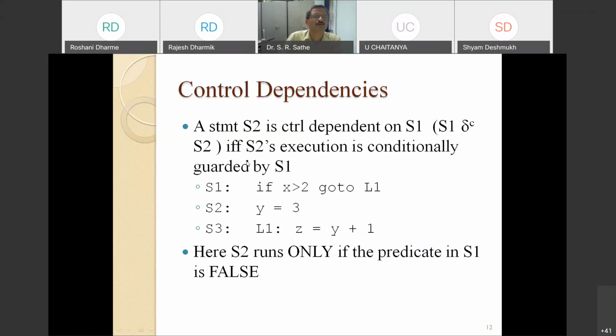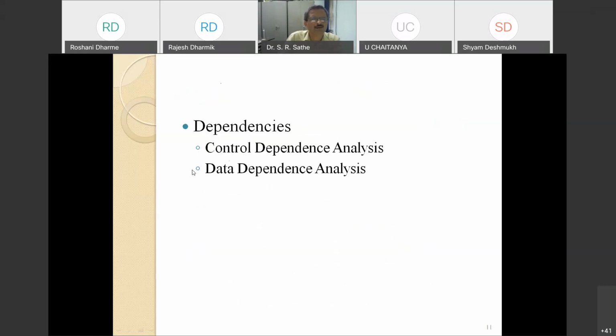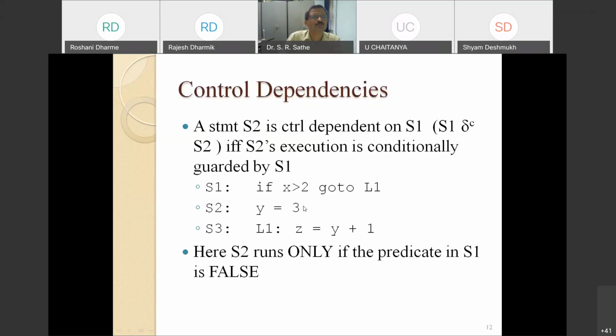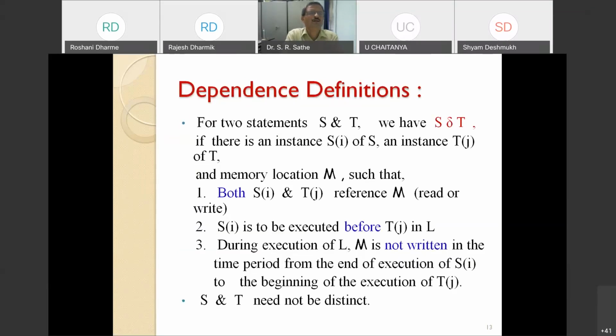As I said, we will be discussing data dependence analysis heavily, and a lot of mathematics is also there, so be prepared. So what is the definition of dependence?